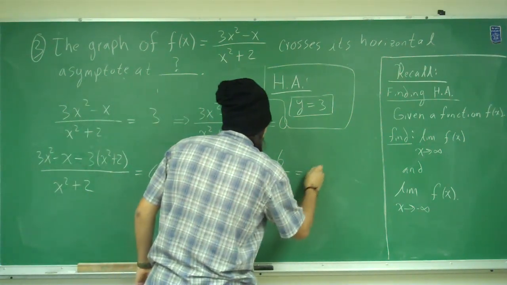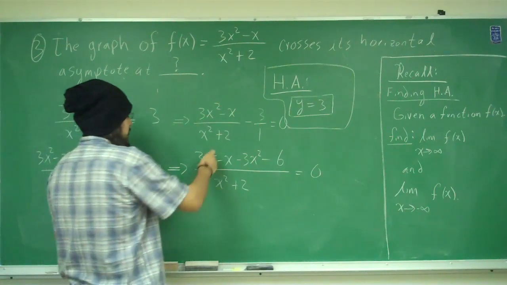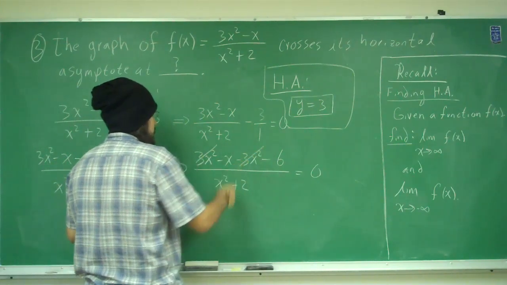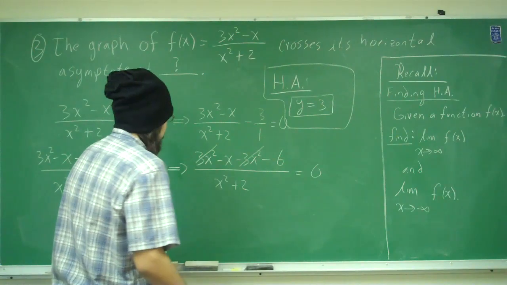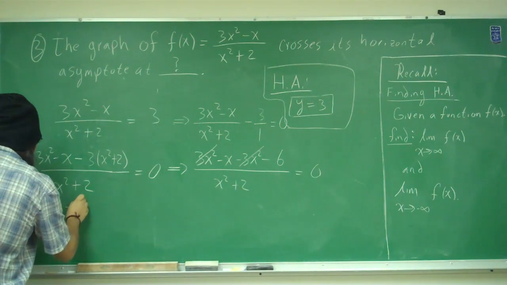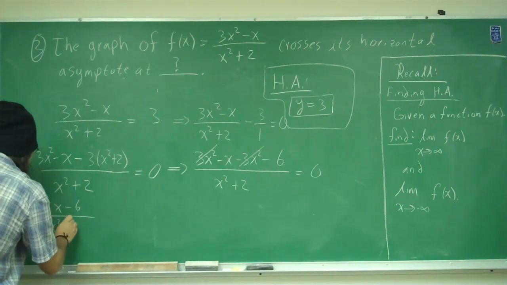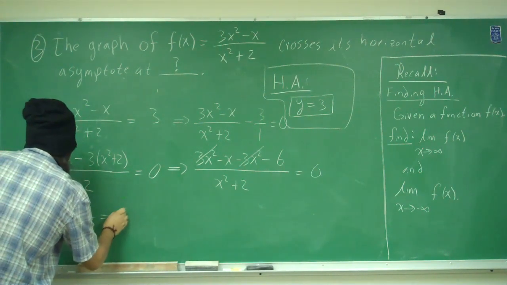And that's equal to 0. Okay, let's go ahead and simplify this. 3x squared cancels with 3x squared. We're left with minus x minus 6, so minus x minus 6 divided by x squared plus 2, and that's equal to 0.